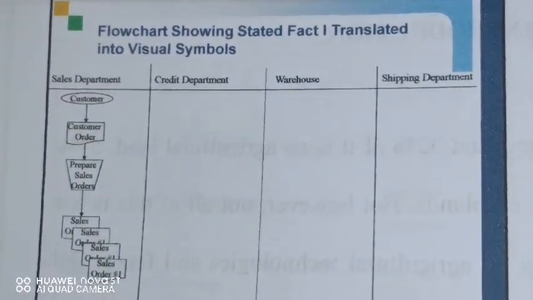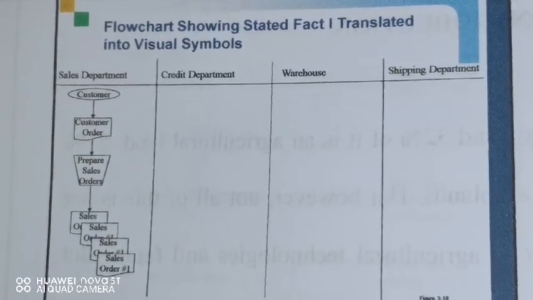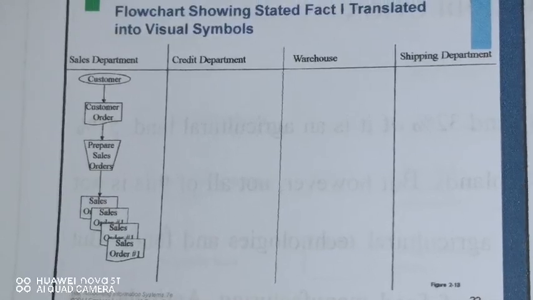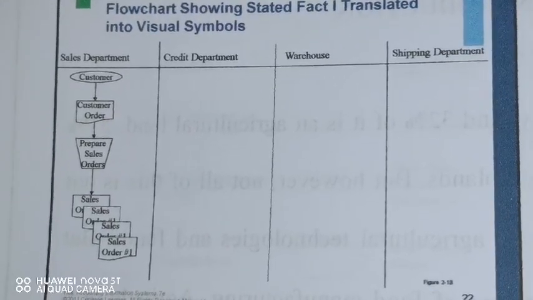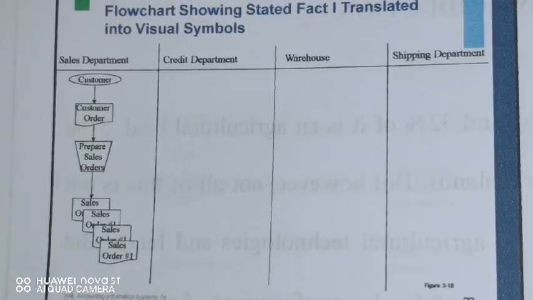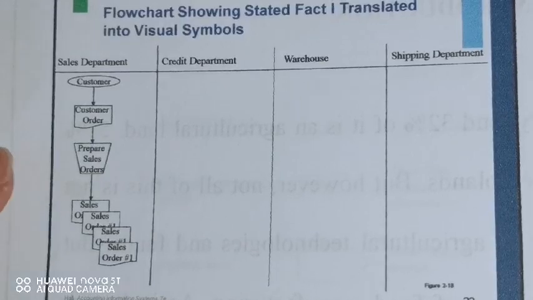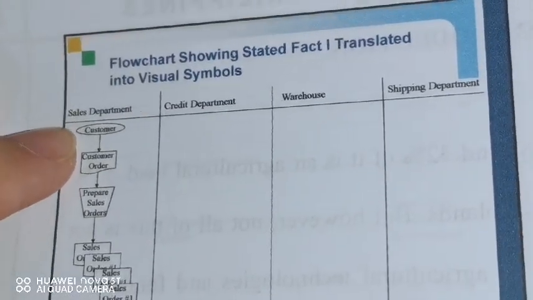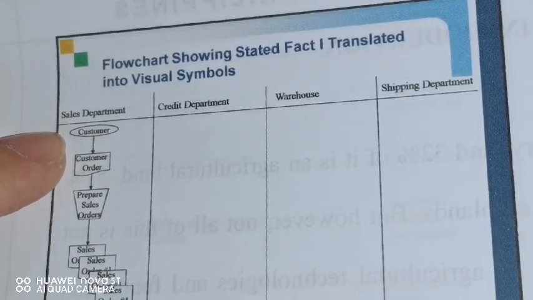Okay. Flowchart showing stated fact 1 translated into visual symbols. So, dun sa textbook nyo, may binigay dyan na mga sample ng system flowchart. So, explain ko lang ito. So, here you can see this symbol. It represent the customer, di ba?